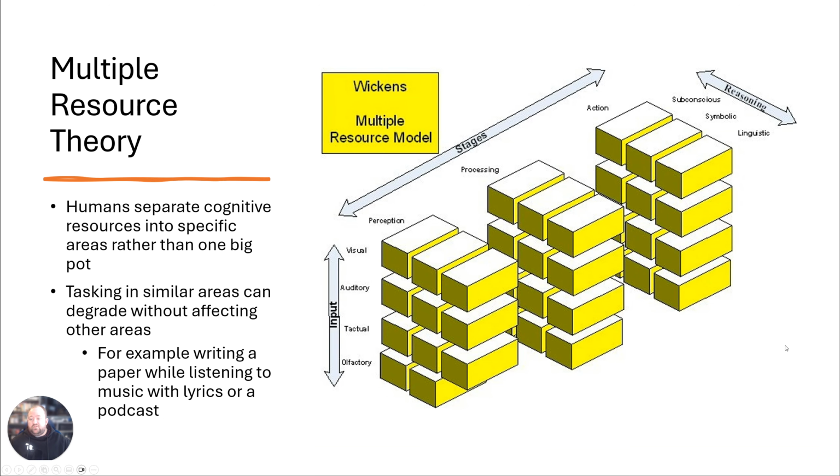Then we have multiple resource theory. Before this theory, there was the assumption that all human cognition, all of our cognitive resources, attention, memory, those kinds of things, were all essentially in one bucket. And that never meshed well with our experience.